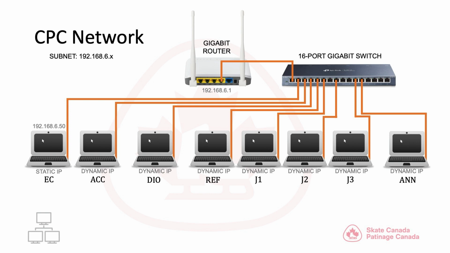If these were new laptops, all that would be left to do is to run the complete installers of the latest version of CSS on the EC and ACC computers. We would also need to install the CSS announcer module on the announcer computer and the latest version of LTS on the DIO, referee, and judge laptops. Then we would need to set the competition database IP address on all these computers so that they point to the SQL database server running on the EC laptop.